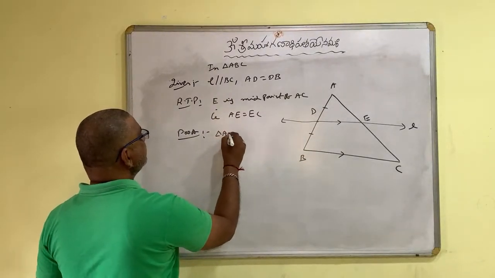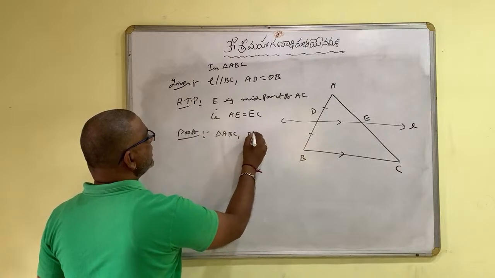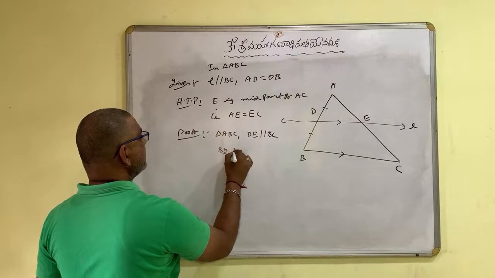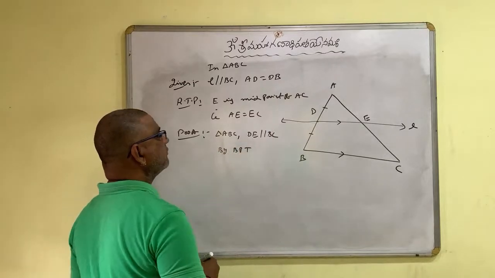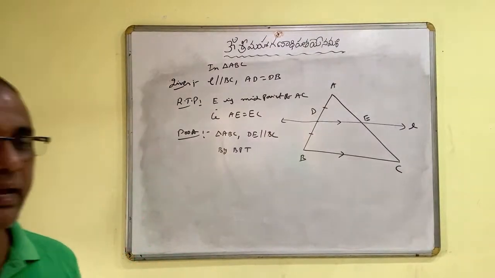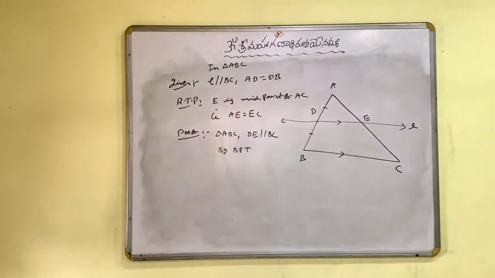Now, triangle ABC, DE parallel to BC. So by the basic proportionality theorem, what can we write?